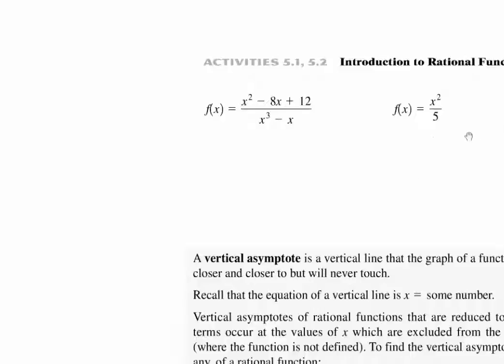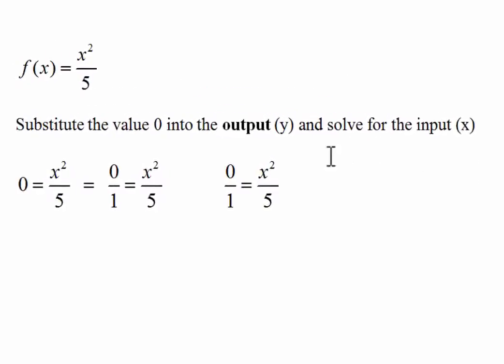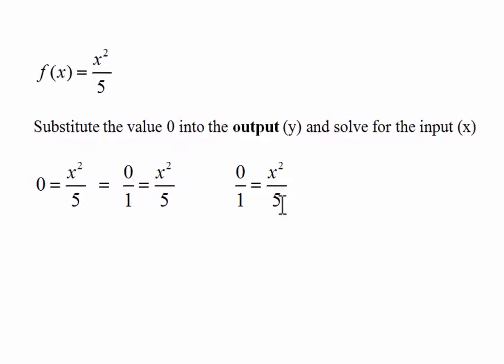The last problem, we had f of x equals x squared divided by 5. Once again, we substitute in 0 for y, we solve for x. I write 0 over 1 equals x squared over 5, and then we're going to cross multiply.